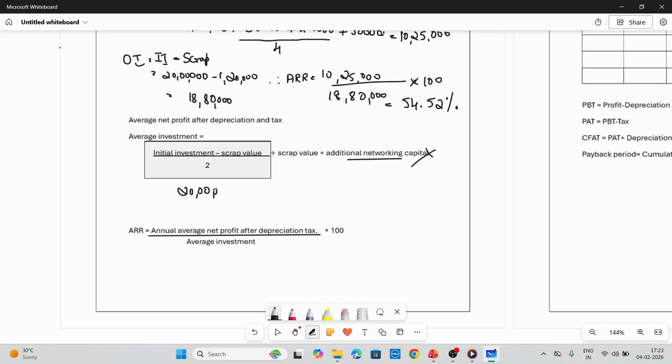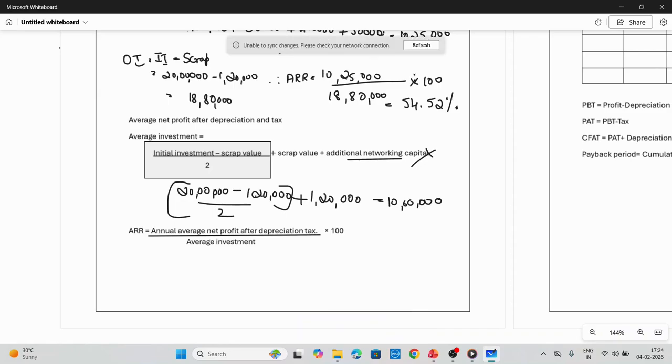It's 20 lakh. 20 lakh minus 1 lakh 20,000 divided by 2 plus scrap value. What is the scrap value? Again, it's 1 lakh 20,000. So the answer is 10 lakh 60,000. Now substitute. Annual average net profit is this amount.